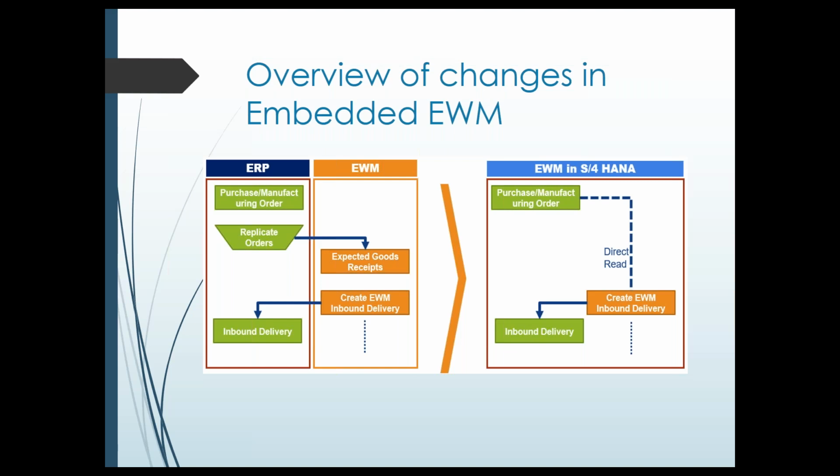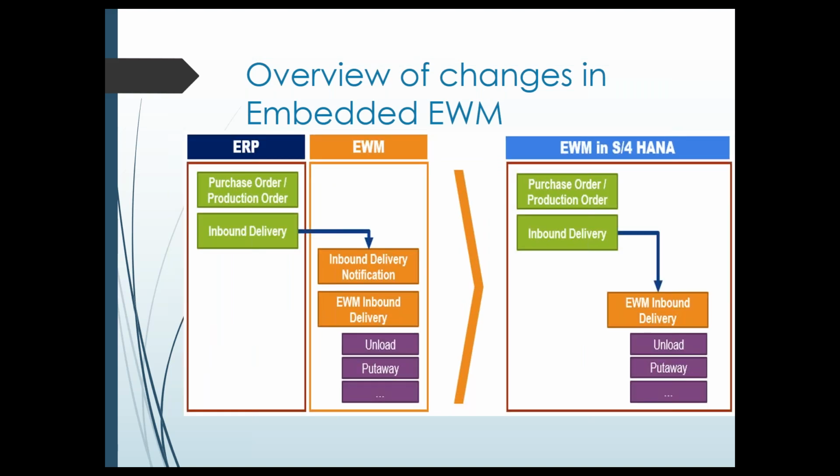This is how a simple inbound flow looks. On the left-hand side, ERP and EWM used to be in two different boxes, and in S4 we have them in a single box. Earlier, whatever purchase order or production order was getting created, we created an inbound delivery against it, which flowed to the EWM as an inbound delivery notification, and that got created into an inbound delivery, and then we had unloading and all these things.